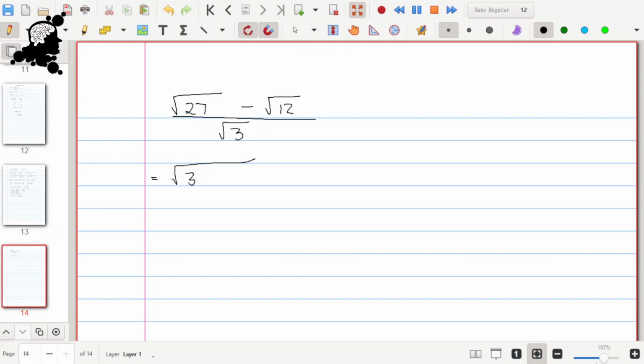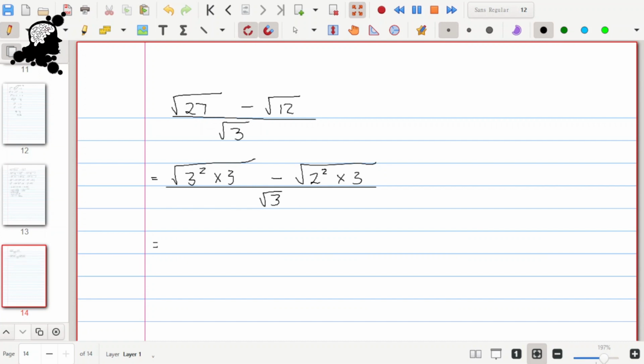I'm going to write this as 3 to the power 2 times 3, minus the square root of 12. 12 is going to be 2 to the power 2 times 3, all over the square root of 3. Because 3 is already a prime number, this is just going to be the square root of 3.